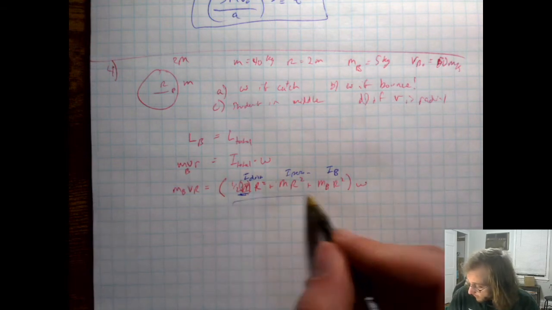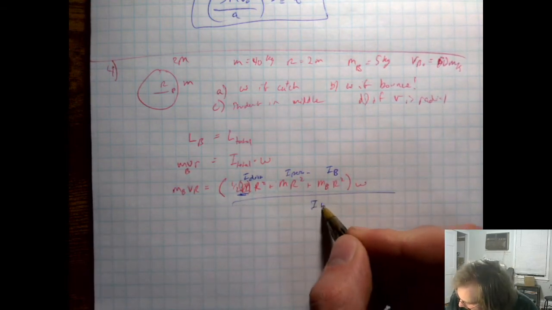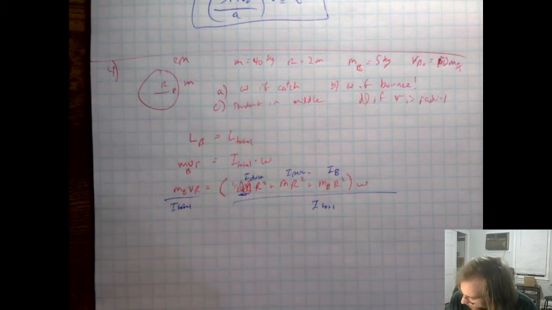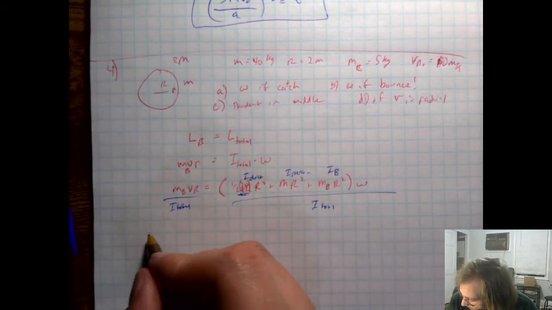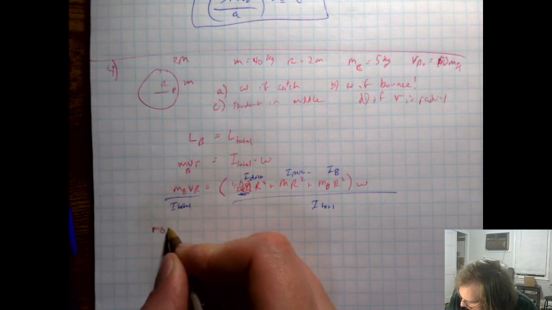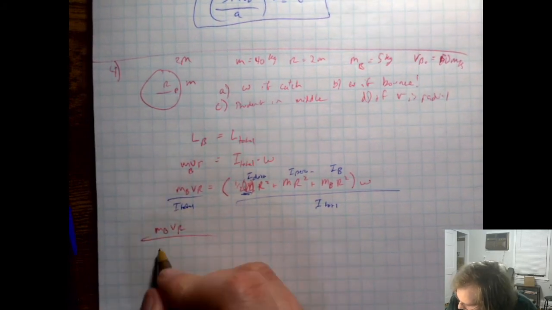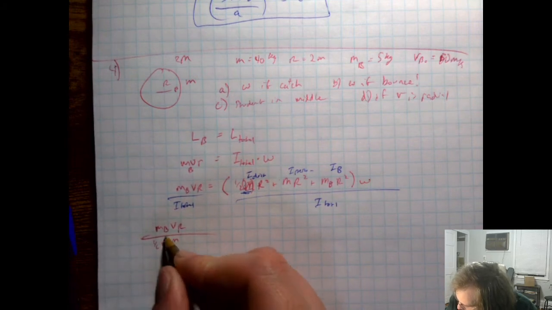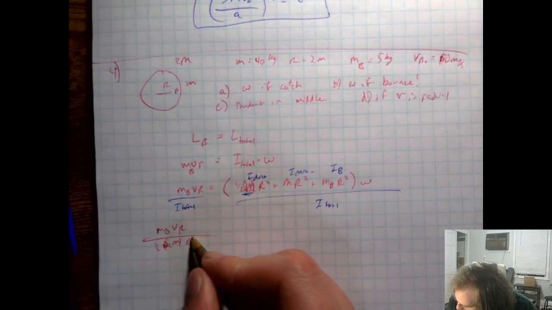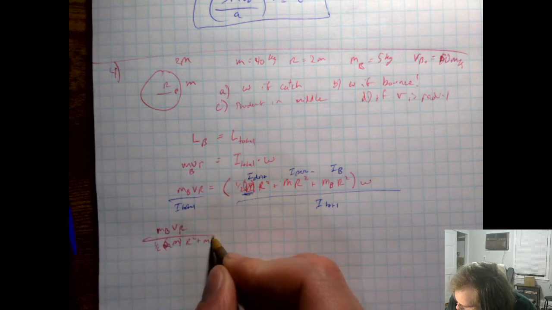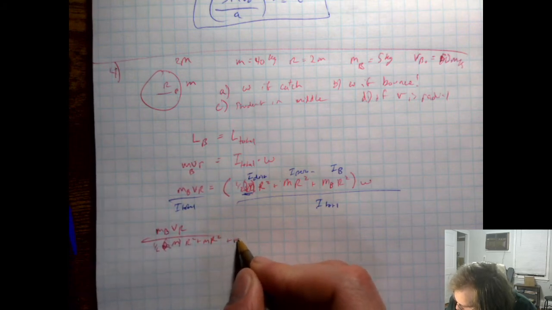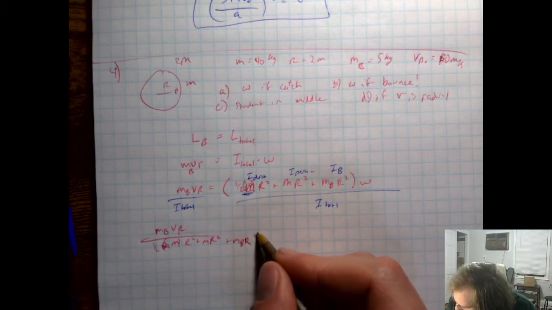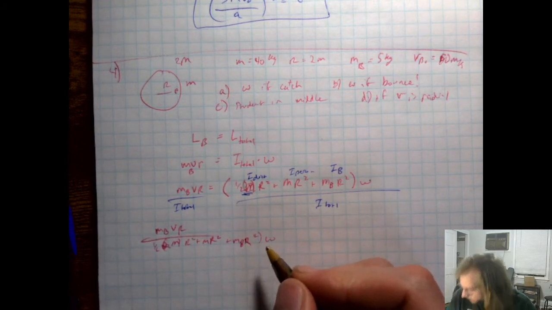Thankfully, all we've got to do is divide by I total, and all the rest of these are givens. So omega equals m_B V R divided by (1/2 times 2m R squared plus m R squared plus m_B R squared).